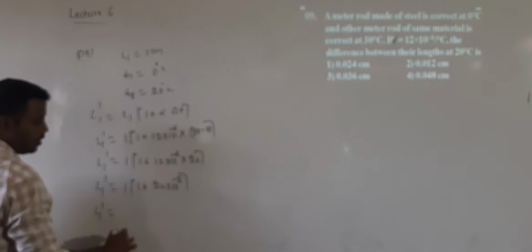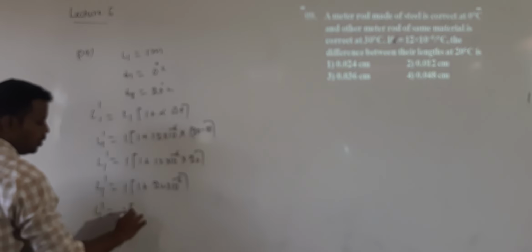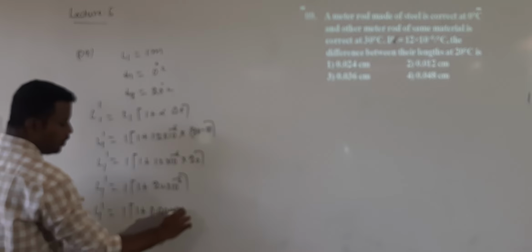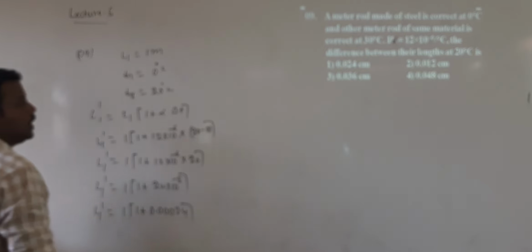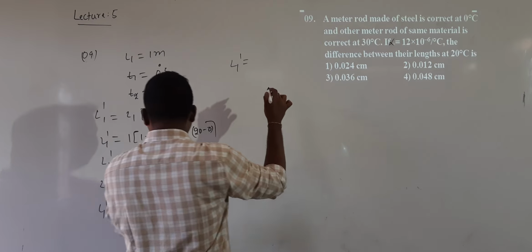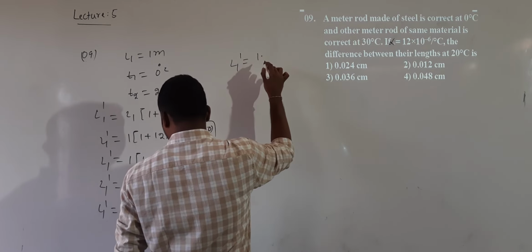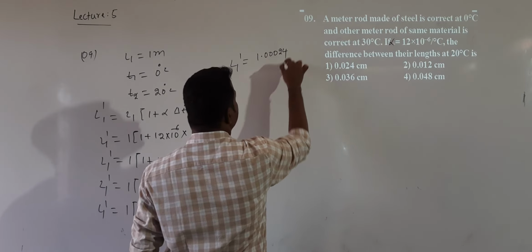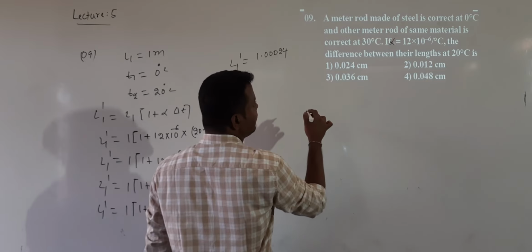L1 dash value is equal to 1.00024 meters.